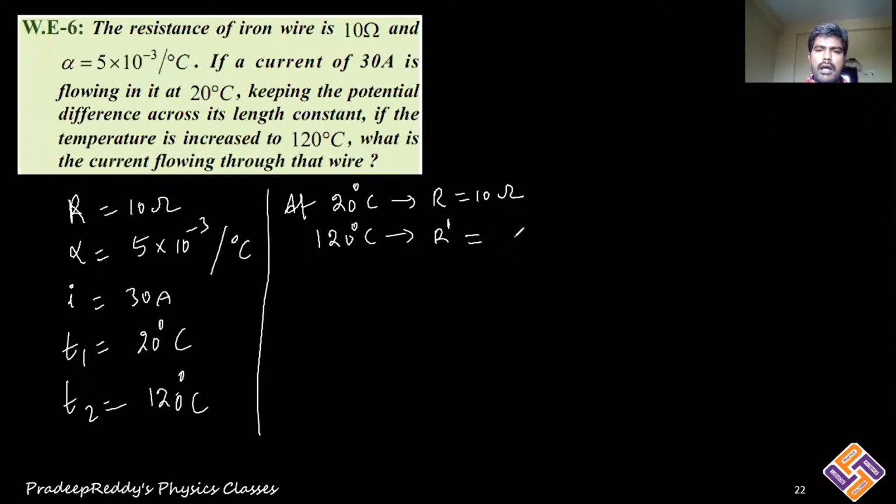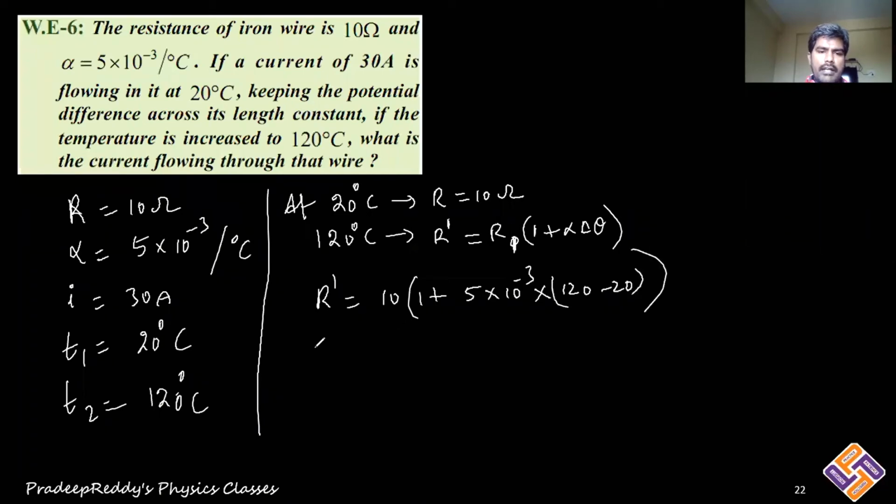R dash is equal to R naught, or R1, into 1 plus alpha into delta theta. So R dash is equal to 10 into 1 plus 5 into 10 power minus 3 into the change in temperature, which I am writing in degrees Celsius itself: 120 minus 20.